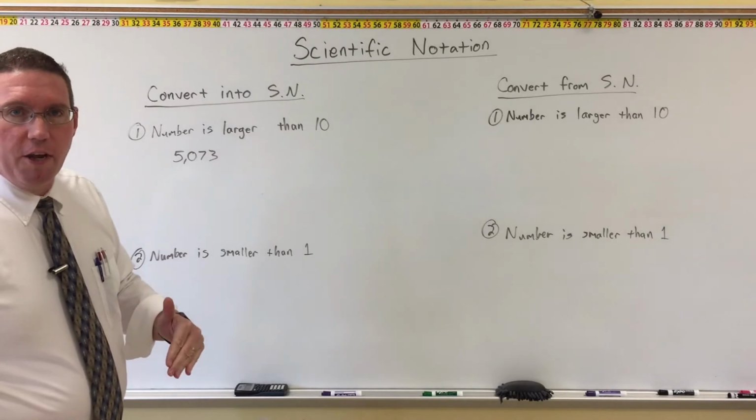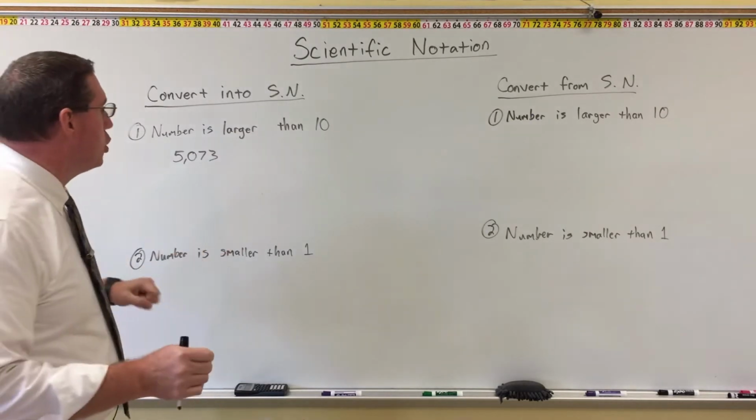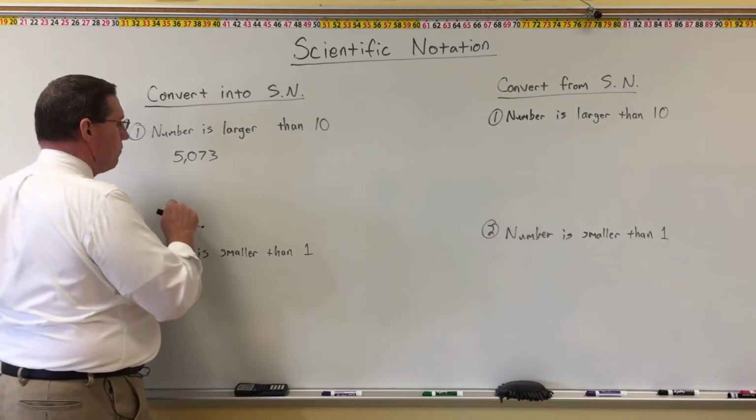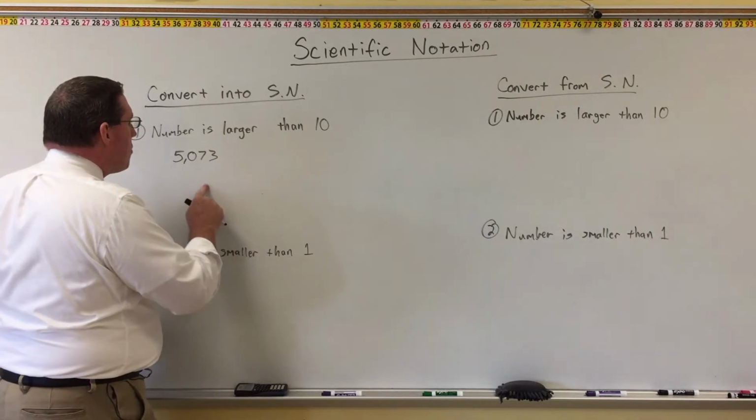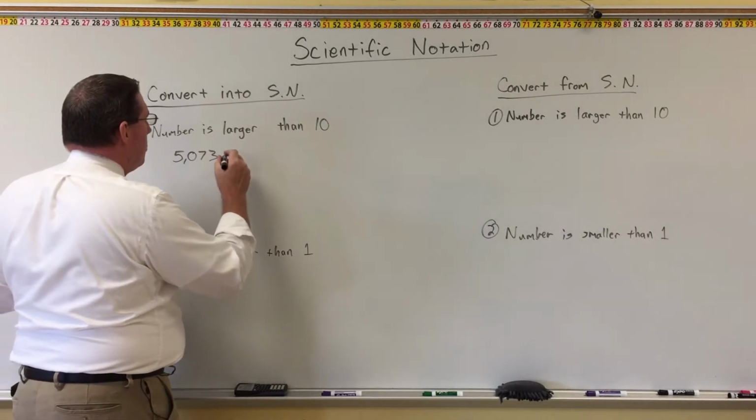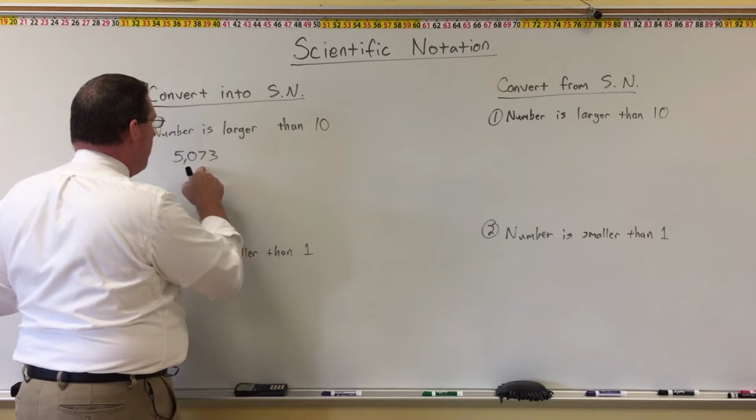You can look up another video online and learn how to do it, but I'm going to show you my way. Here's what you're going to do. The first thing you're going to do is divide the number.